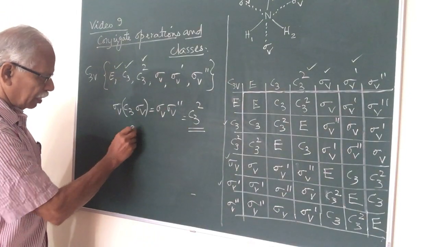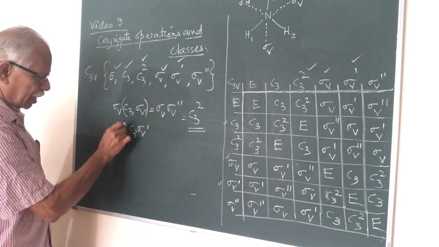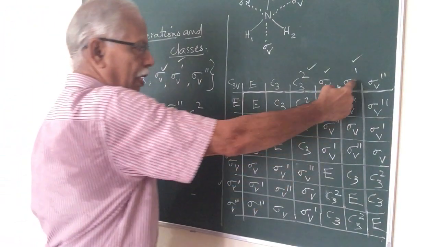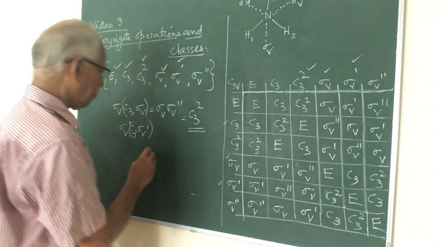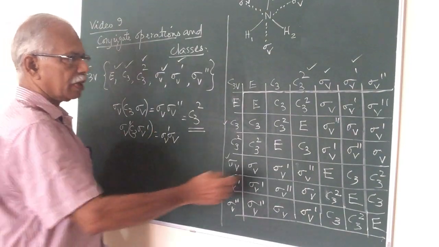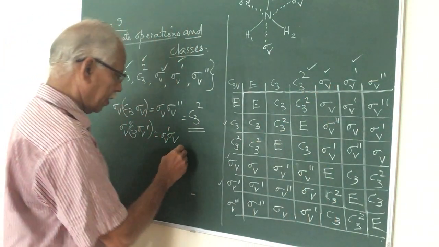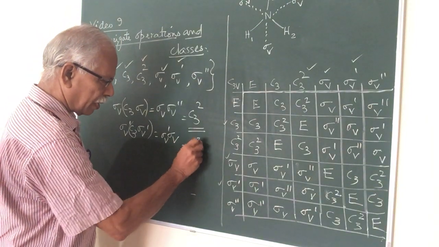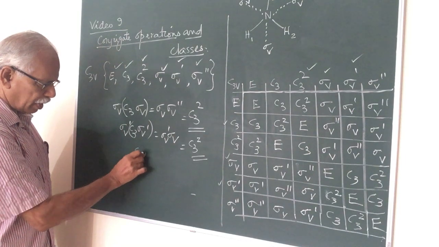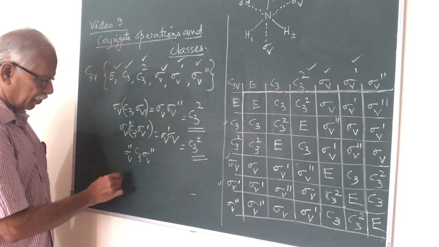Then with sigma v dash, find sigma v dash C3. Sigma v dash C3 is sigma v. Sigma v into sigma v dash, the product is C3 squared. Lastly, with sigma v2 dash, C3 sigma v2 dash on the right side, sigma v2 dash on the left side.